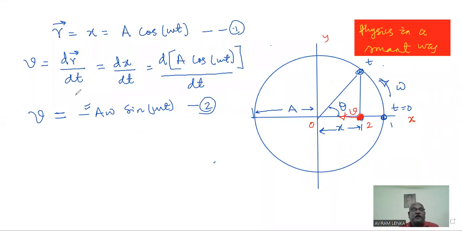The way we found the velocity was a bit mathematical. The velocity is the rate of change of displacement, or derivative of position vector, or derivative of x coordinate with respect to time. That seems a bit mathematical. If somebody wants a physical explanation to that, we can also provide for that.